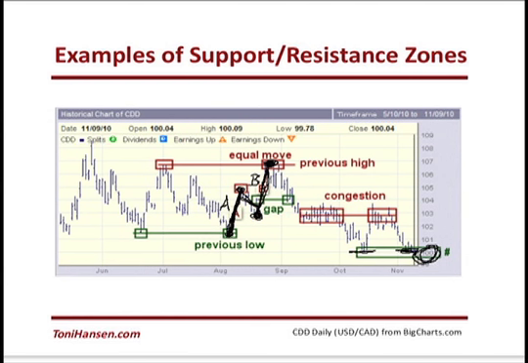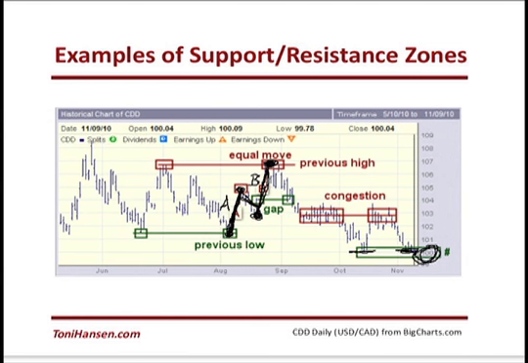And the more support and resistance levels you have taking place in one zone, the stronger that level is going to be. So if you have gap closures taking place at the same time as a whole number support, at the same time as previous highs or previous lows, that sort of thing, they're all going to be working together. And the more of them you have together, the more pros you have for your position.